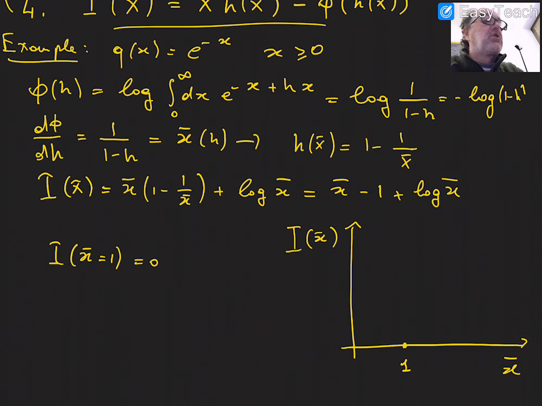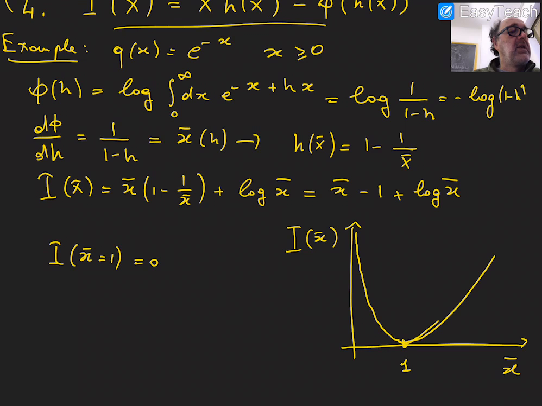So at 1 this function must be equal to 0. And then you find that this diverges logarithmically when x goes to 0, and it also diverges linearly when x goes to plus infinity.